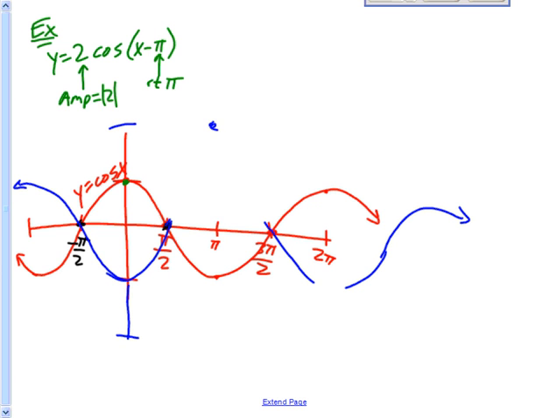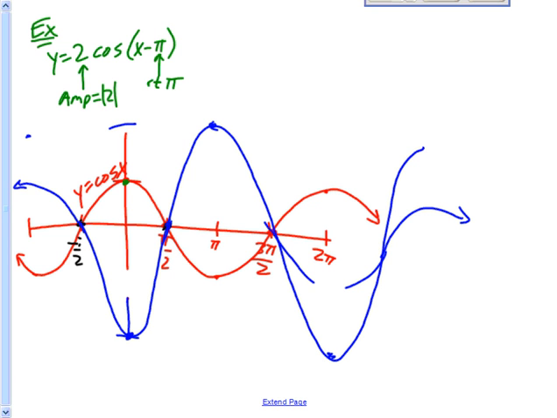You'll clear up to here, clear down to here. Okay, so let me draw this a little better. Anyways, and so on there.